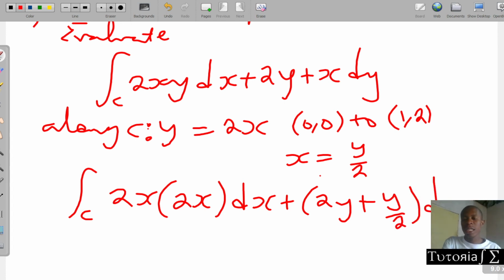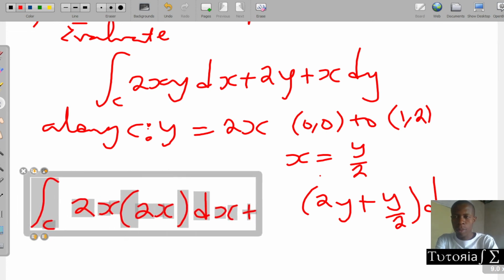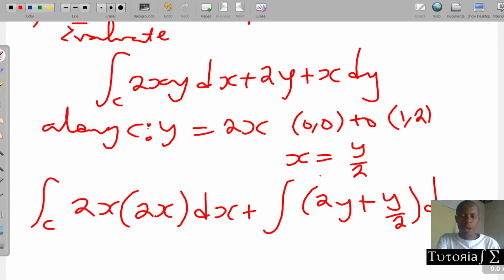Now here is a very important thing that you need to note. On the limits of integration, where there is dx, you use the x limits, the starting point and ending point for x. Meaning we can separate the integrals like that.